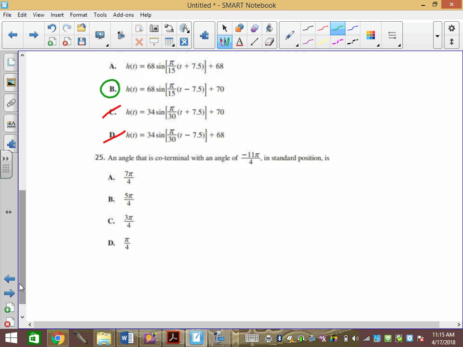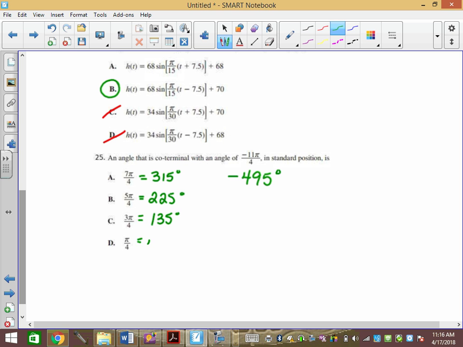What's negative 11 pi over 4 in degrees? Seven pi over 4 is what? 315. 5 pi over 4 is 225. 3 pi over 4 is 135.